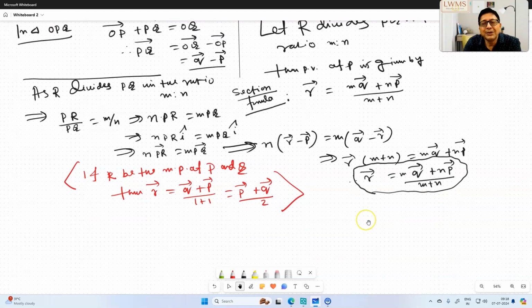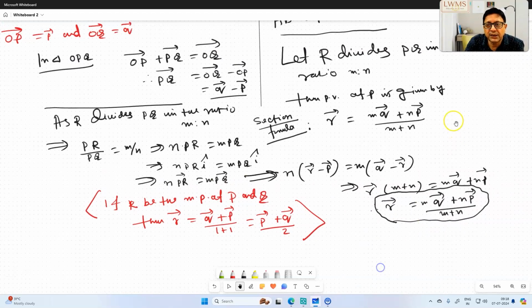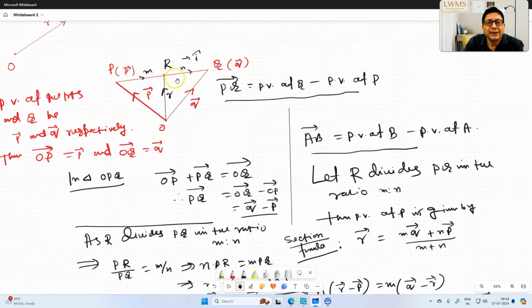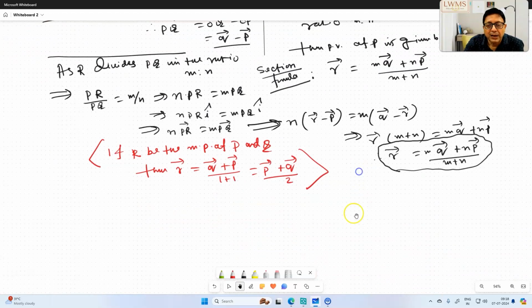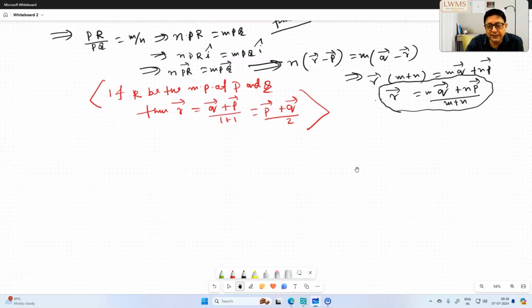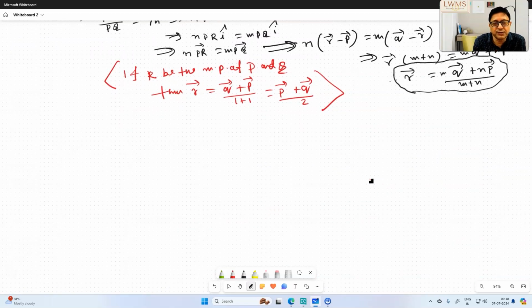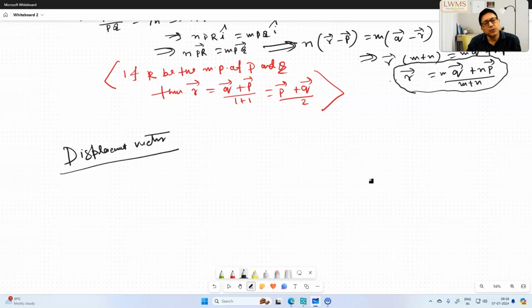Now, with the help of this position vector and the vector expression of PQ in terms of the two extreme points, I can define the displacement vector. Position vector part you have understood. So now it is displacement vector. In 2D, we are going to discuss motion in a plane. Plane means 2 dimension. This computer board is 2-dimensional.